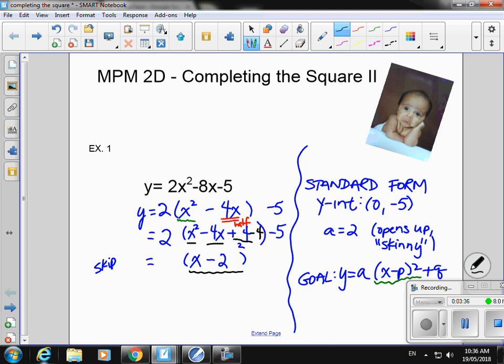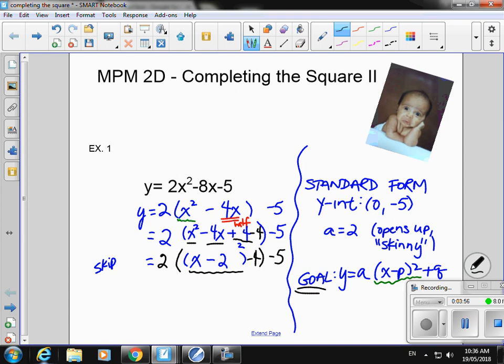So what am I left with? I'm left with the subtract 4. So I haven't dealt with him yet. I've still got the 2. I've still got the subtract 5. So I'm almost there. It almost looks like my goal. But that negative 4 in brackets is just kind of messy. It's not the look that I'm going for.